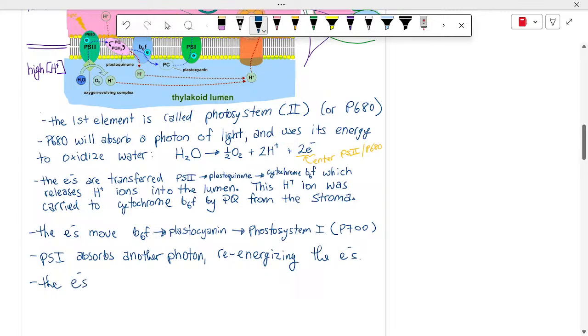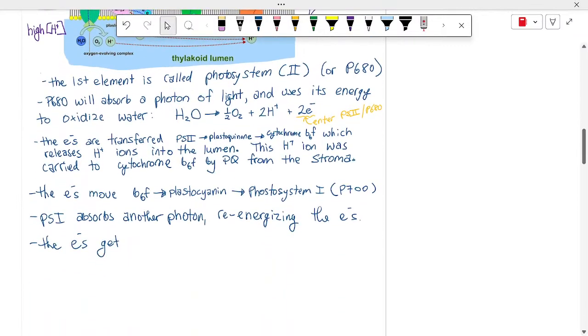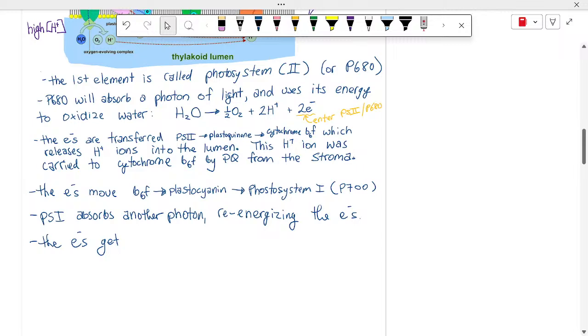Then the electrons get passed to ferredoxin, which we usually will just show as F or FD. I think they showed it as FD on this particular diagram.